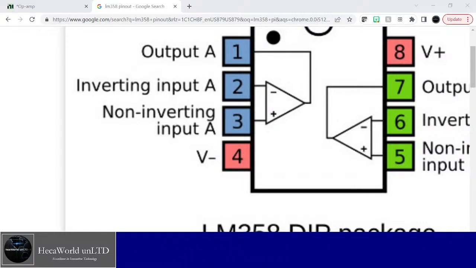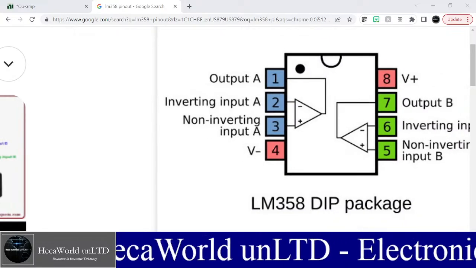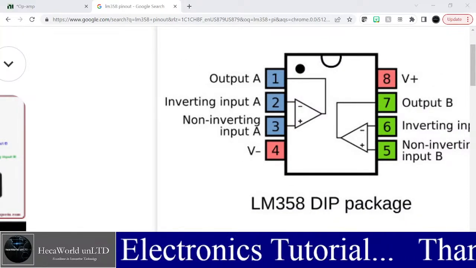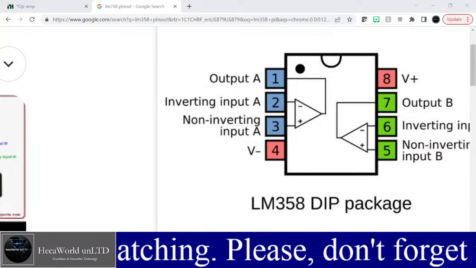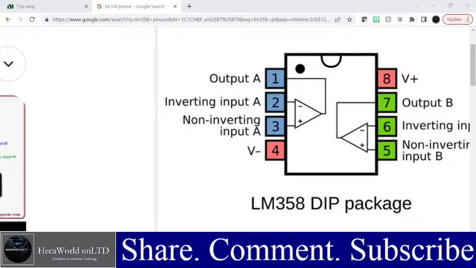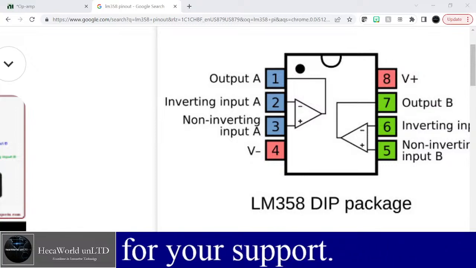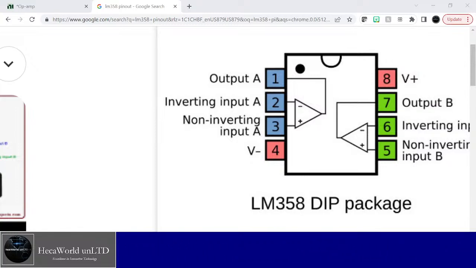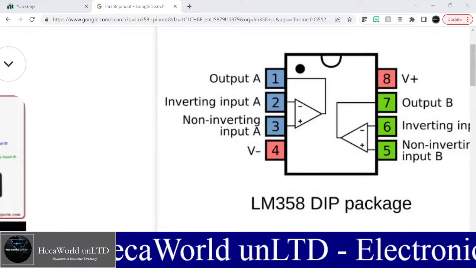When I'm mentioning inverting input and non-inverting input, you can understand a little bit better. Inverting input just means when I send a signal in, the output signal will be opposite phase of what I've sent in. Non-inverting is when I send a signal in, the output signal will be in the same phase as the one that I've sent in. I will draw the picture to demonstrate this. But before that, let's just look at this.